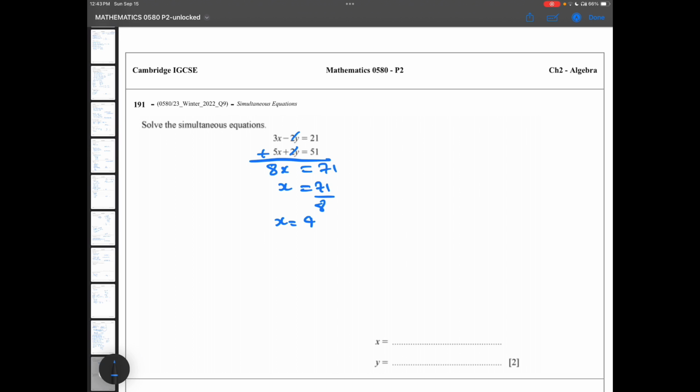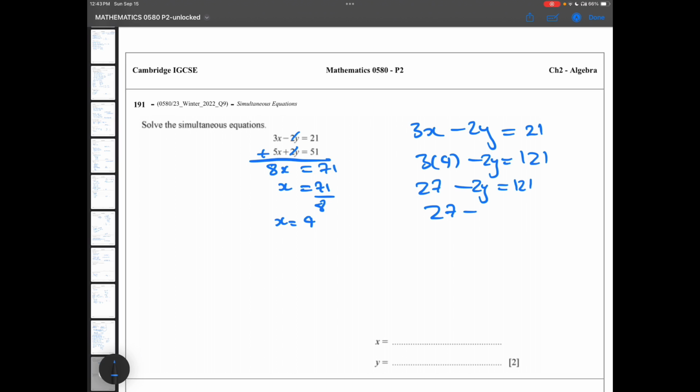So I will place the value of x in any of the equations. I'm placing it in the first equation, that is 3x minus 2y is equal to 21. So in place of x I will write 9. 3 into 9 minus 2y is equal to 121. 3 into 9 is 27 minus 2y is equal to 121. Now I will shift 121 to the left side, and minus 2y to the right side becomes positive 2y.